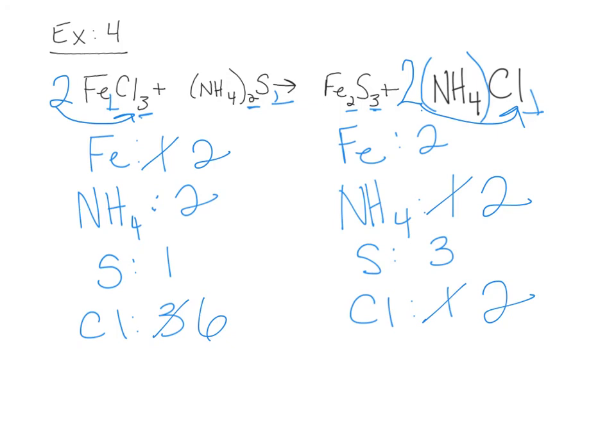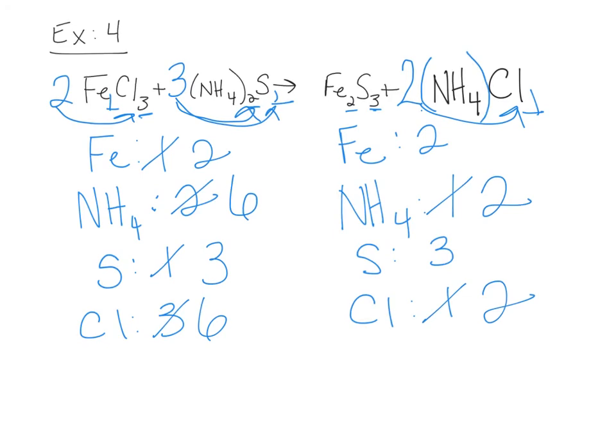Next, I'm going to do my sulfurs. I have 1 on my reactant side, 3 on my product side, so I'm going to put 3 here. 3 times 2 gives me 6 ammonium, so that changes up my ammonium. And then 3 times 1 gives me 3 for my sulfur.